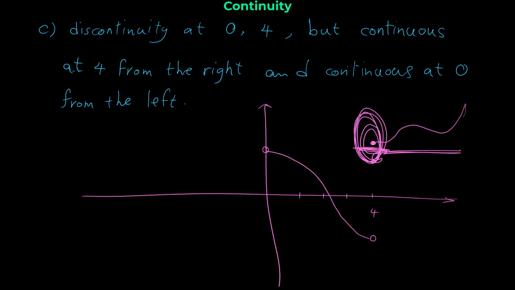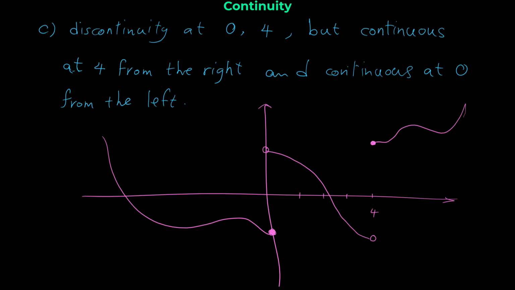But from the left, we want a function that is continuous at 0. So let me put a filled point on the y-axis somewhere here. Because we want the function to be continuous from the left at 0, I'm going to graph something like this.